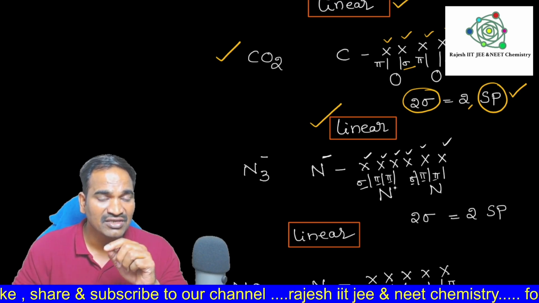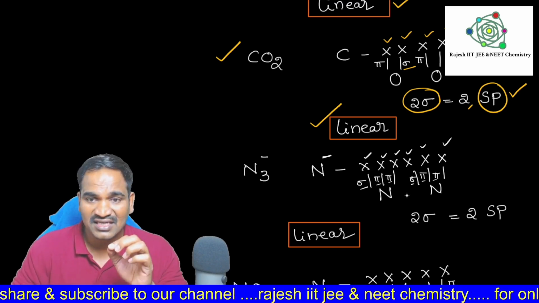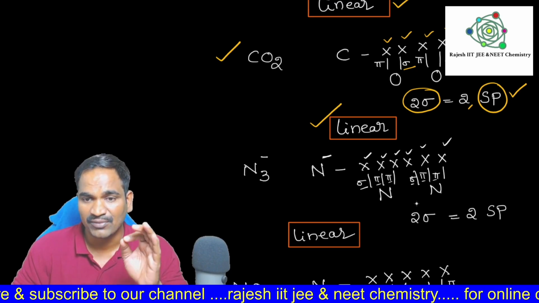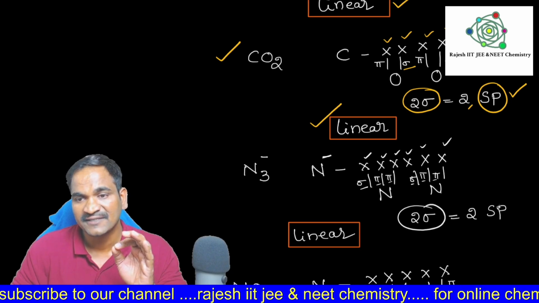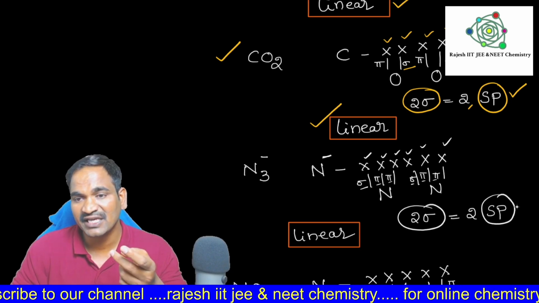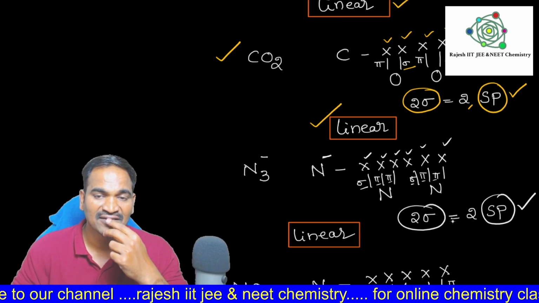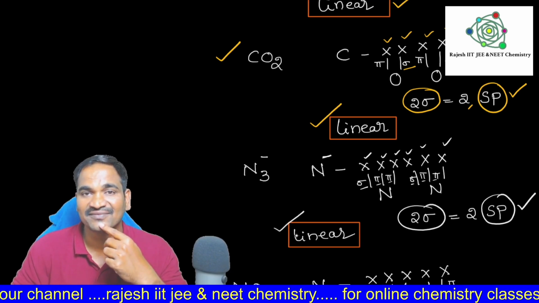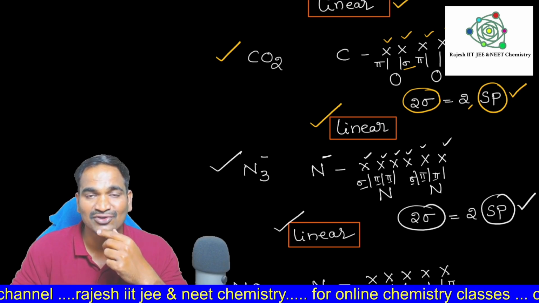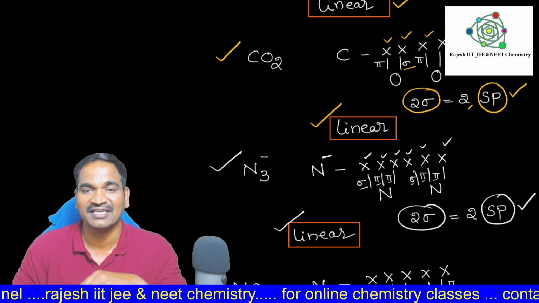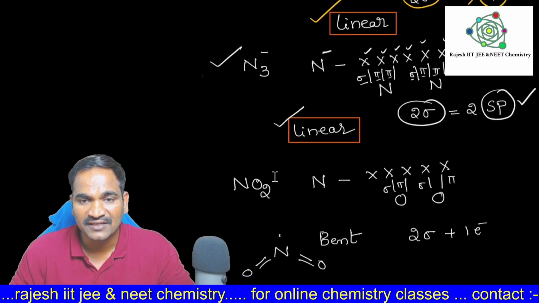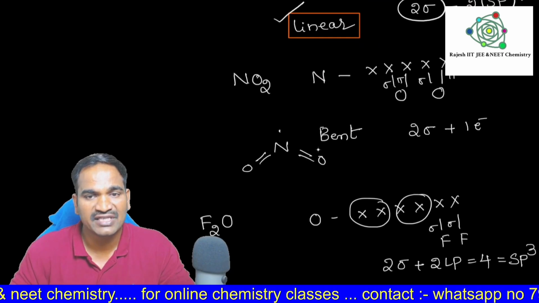Now here we consider only sigma bonds, we won't take the pi bonds. So 2 sigma bonds means sp hybridization and its shape is linear. So N3 minus also shows linear geometry.